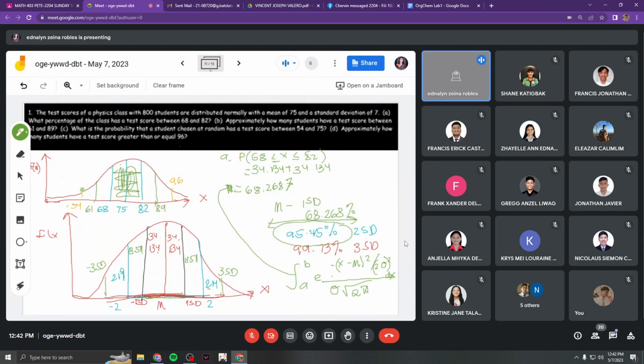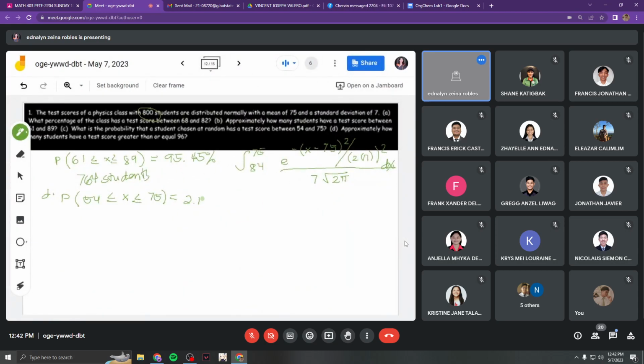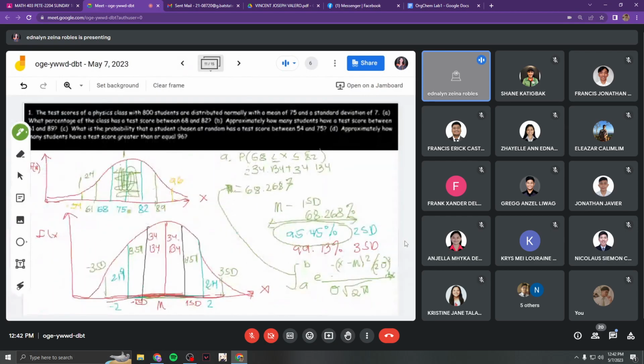As you can see, it is 54 to 75, from the mean going to the third standard deviation. The probability that we will be getting 54 to 61 is 2.14. Ito siya, di ba? 2.14. Plus the probability that the students will get 61 to 68 is 13.591, hindi 511.